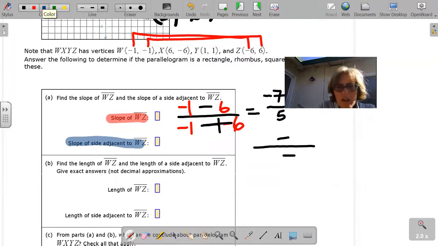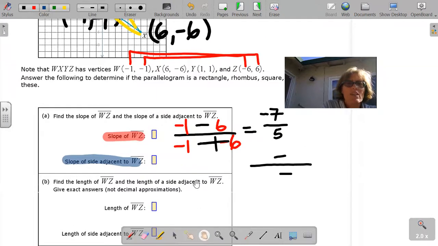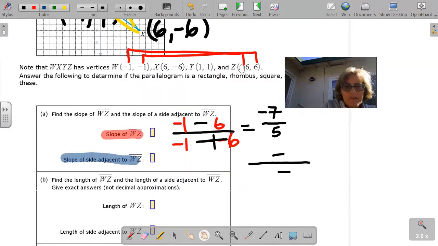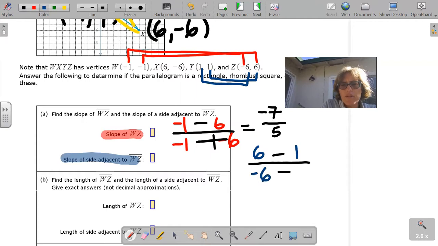Y minus y over x minus x. So that's going to be 6 and 1, -6 and 1. That's going to be 5 over -7.